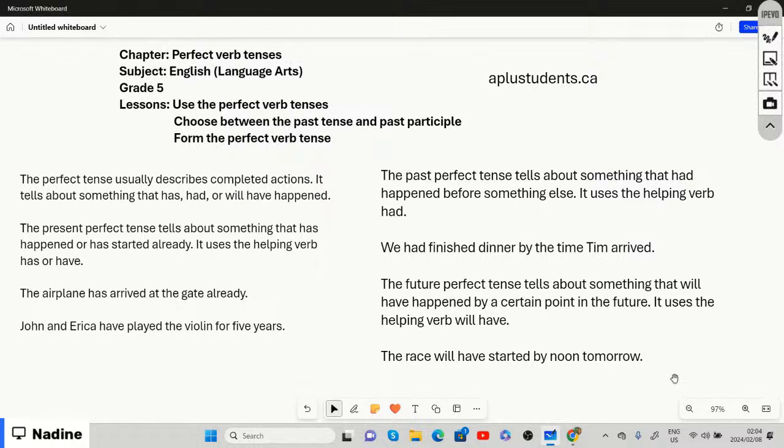And the lessons that we're going to be focusing on under the chapter of perfect verb tenses are to use the perfect verb tenses, to choose between the past tense and past participle, and to form the perfect verb tense.